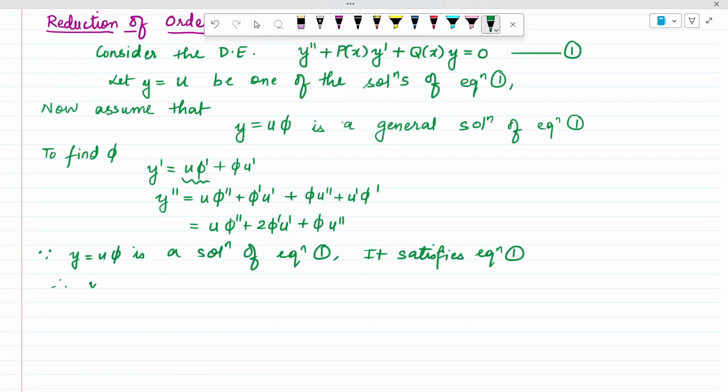In place of y double dash, I'll put u phi double dash, 2 times phi dash u dash, phi u double dash. P of x multiplied by y dash, that is u phi dash, phi u dash, plus q of x into y, which is u phi. And this entire thing should be equal to 0.